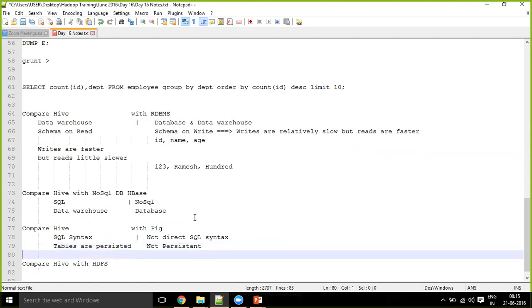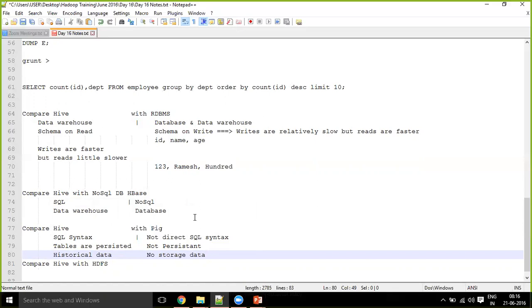Pig can also do ETL transformations, and even Hive can do the ETL transformations. Hive can store historical data. In Pig there is no storage of data. All the data will be present in HDFS, and on a need basis you load it into your Pig temporary workspace.